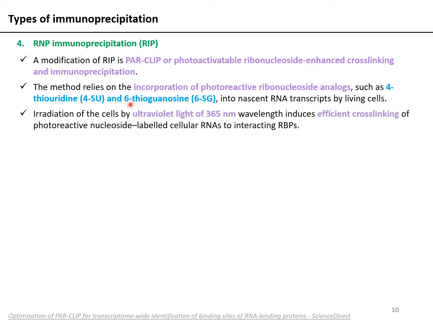Irradiation of the cells by ultraviolet light of 365 nanometer wavelength induces efficient cross-linking of these photoreactive nucleoside-labeled cellular RNAs to interacting RBPs.